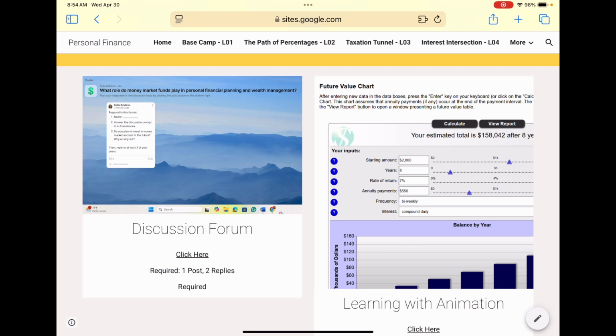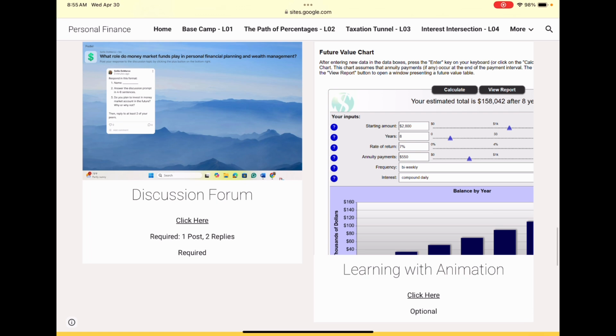I don't know if you can see it, it's kind of small, but I've put in a format for them with some questions to answer, and then I asked them to reply to at least 2 of their peers. The technology I used for this is Padlet. Furthermore, another course component is a learning with animation activity, on the right side. On this one, the students can play, in quotes, with different loan components to illustrate a future value, which I think is beneficial. They like playing around with that.